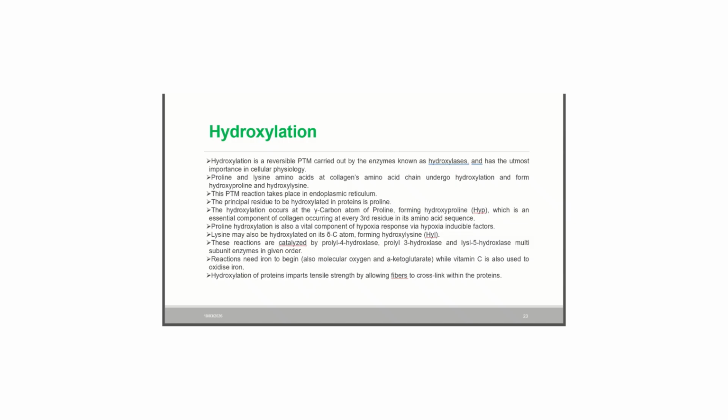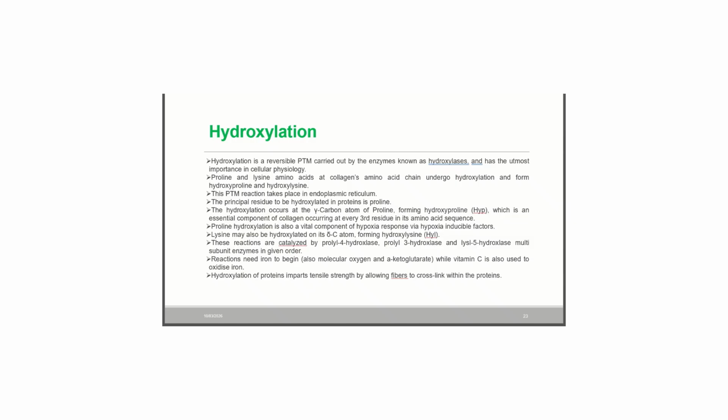So hydroxylation takes place at the gamma carbon atom of proline, and this hydroxylation of proline is a vital component of the hypoxia response by hypoxia inducible factors, especially in the pulmonary or respiratory system. It's very important, the hydroxylation of proline as an important component in hypoxia response.